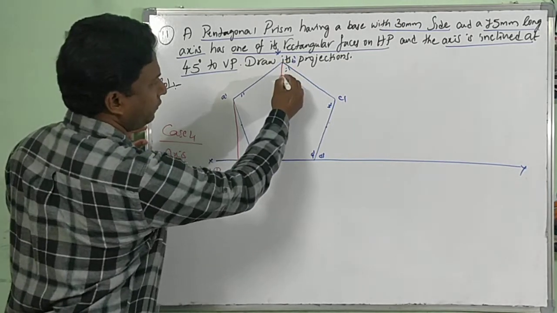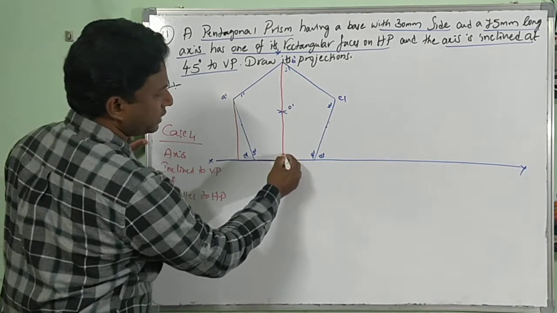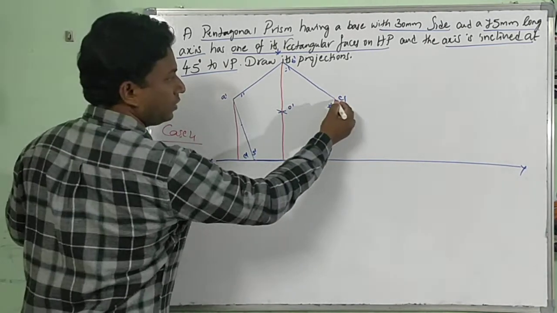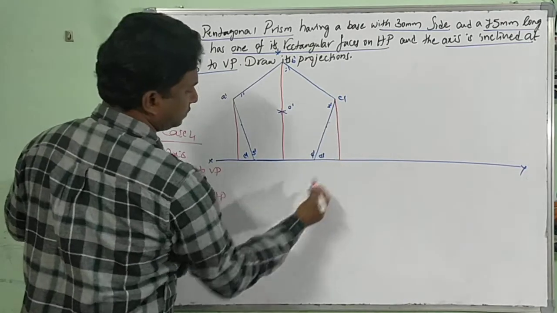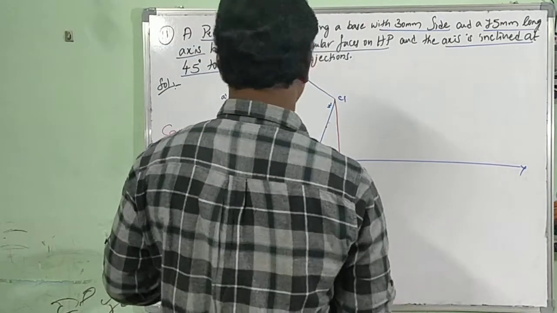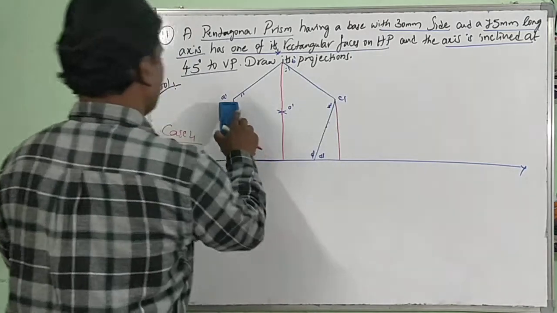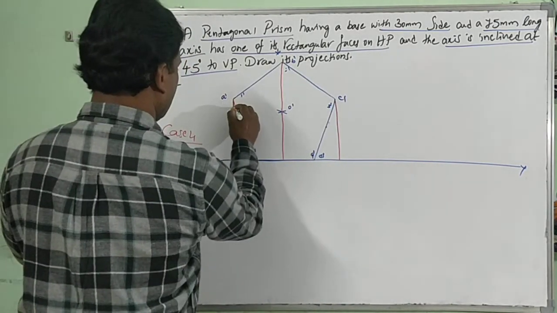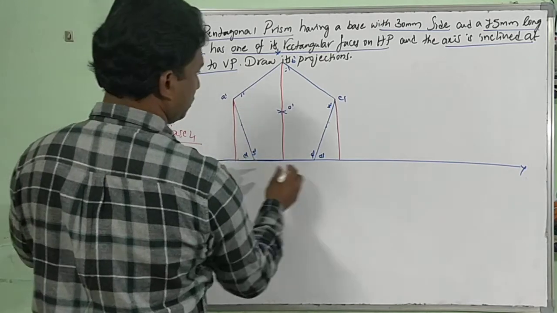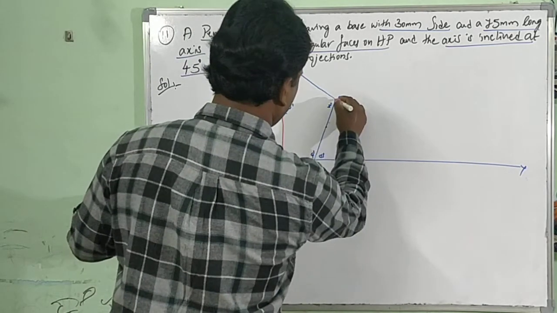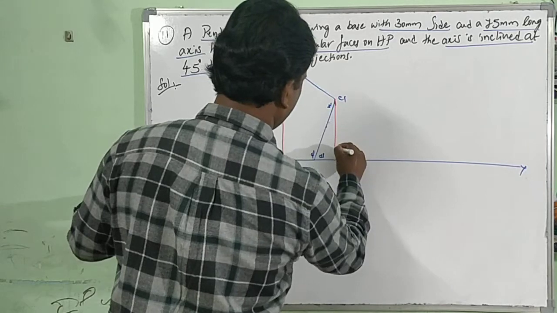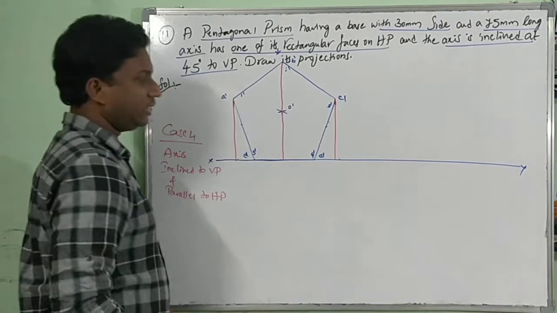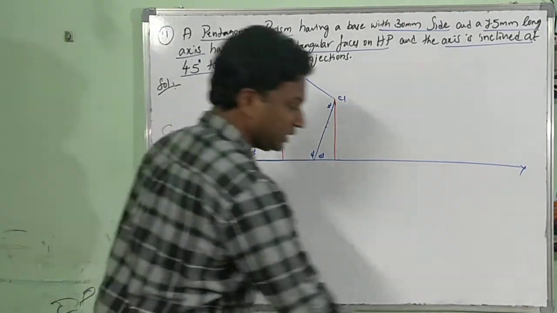From B, if you observe, the vertical projector is passing through O dash. From C dash, vertical projectors.